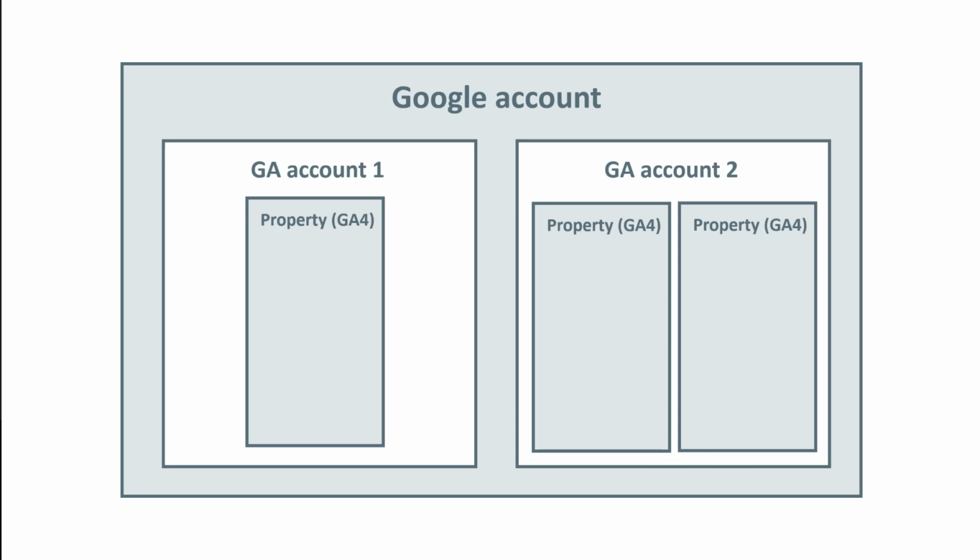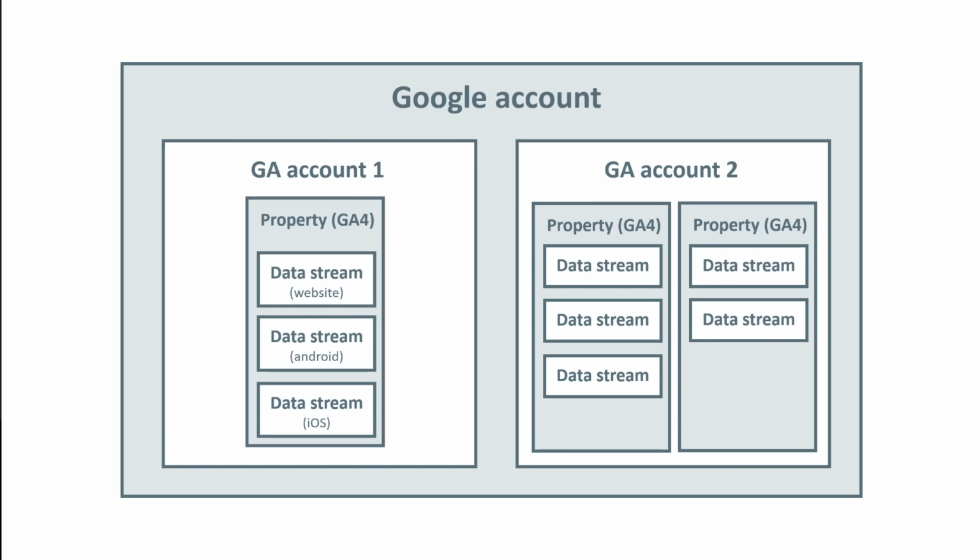And then inside the properties, you have data streams. So data streams are like the destinations to which you send data, and then properties get the data from the data stream. In Google Analytics, there are three types of data streams: website, Android, and iOS. You don't have to own a mobile app to use Google Analytics. If you want to track just the website, then this is completely fine.